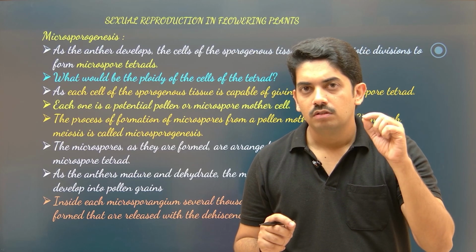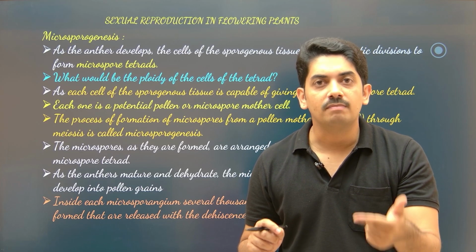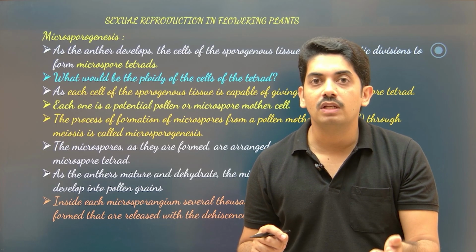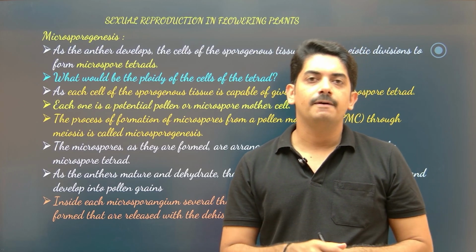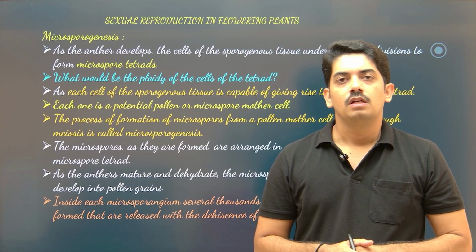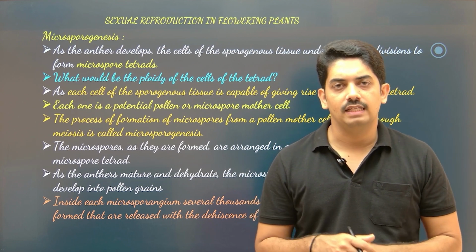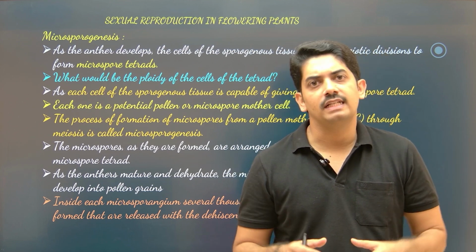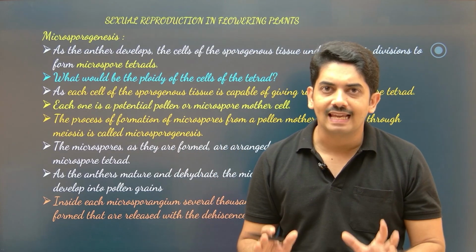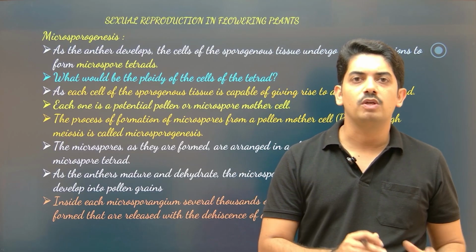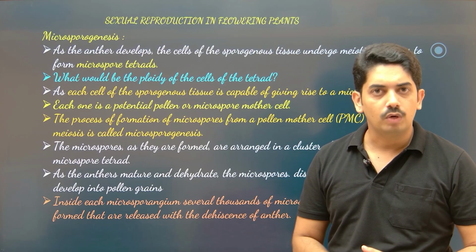They undergo mitosis and increase their number and become microspore mother cell, or in other words we can also say pollen mother cells, and they undergo meiosis and produce the pollen grains. Okay, so in other words you can simply say sporogenous tissue undergo meiosis and produce the pollen grains, in order to just have a sequence. No need to explain that sporogenous tissue undergo mitosis and increase their number and become microspore mother cell. You just can say that sporogenous tissue undergo meiosis and produce the microspore tetrad that separates and later become the pollen grains.